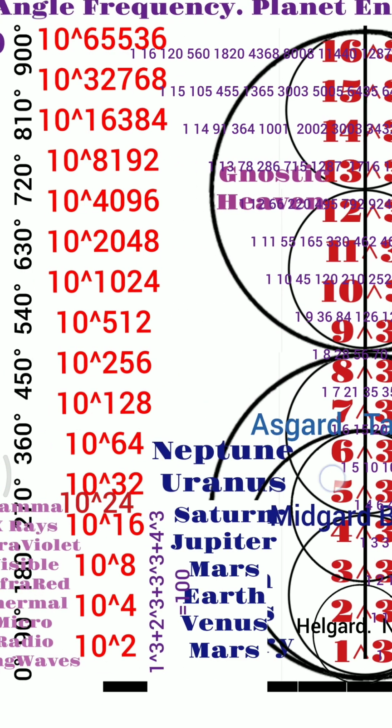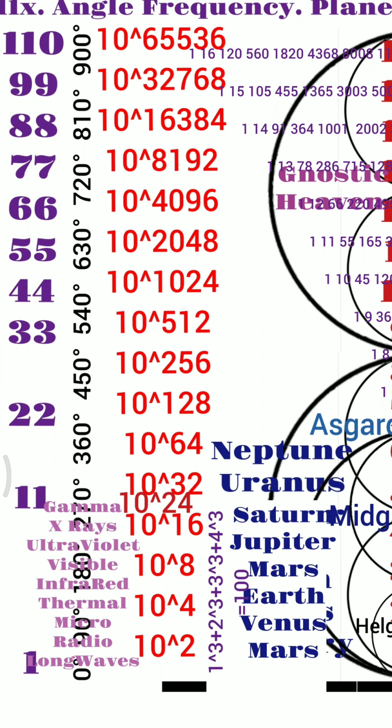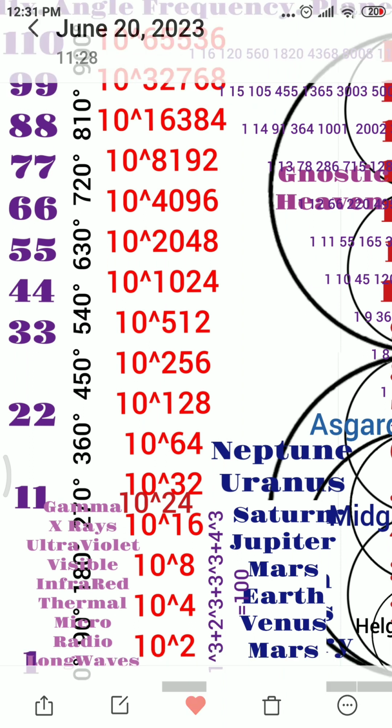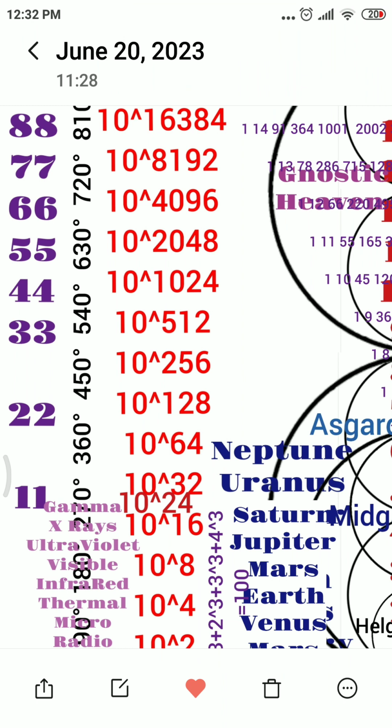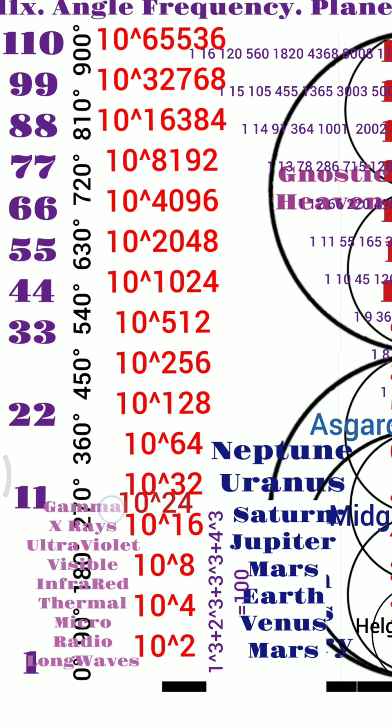Have we missed anything here? Yes, radiation we have also covered, I think. Gamma is 10 raised to 24. Visible light is 10 raised to 2 up to 10 raised to 8. Because if you add these up, 2, 4, and 8, you will get 14. So frequency up to 10 raised to 14 is the visible range, and this is X-ray, this is gamma ray.